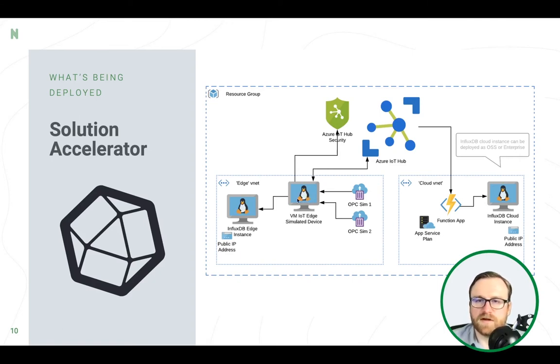The IoT Edge device is connected to the IoT Hub, and those messages are being written to the IoT Hub, and then a function app is picking up those messages and writing them out via HTTP request to the Influx DB API on our cloud instance. We also have the same messages from the OPC simulators being written to the Influx DB Edge instance directly via Telegraf.